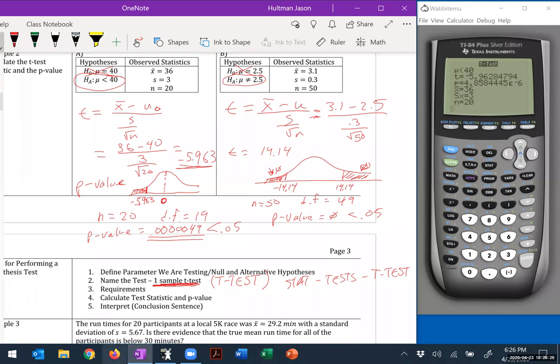So how would we do this on StatCrunch? For those of you that are working with StatCrunch, let's pull up StatCrunch here.